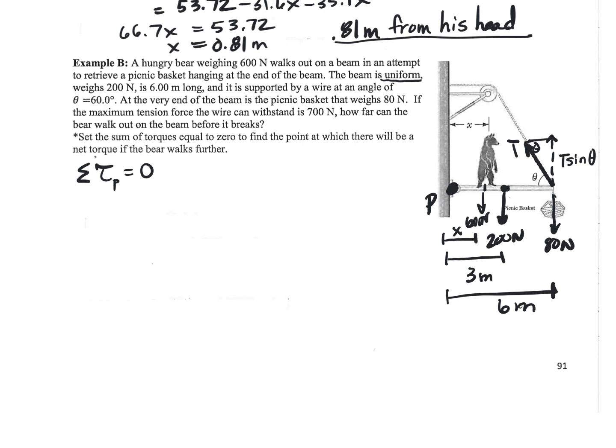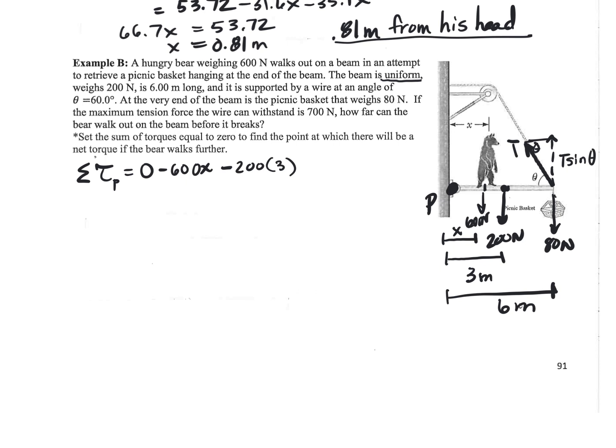So now let's start with the bear. The bear is going to cause it to go what? Yep. Clockwise, clockwise, and clockwise. So this is going to be negative 600 times x. Do you agree? Yep. The beam is also going to cause it to go clockwise, isn't it? So minus 200 times 3.